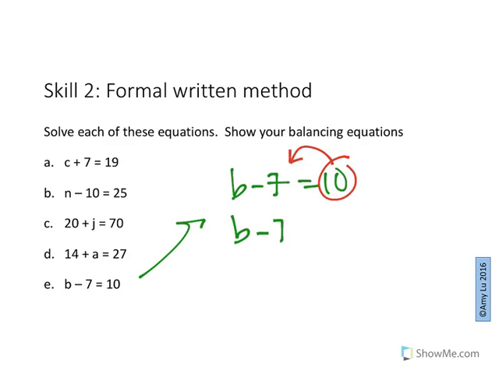I have a b, I have a minus 7, and I have a minus 10, and well, the other side has nothing. And in order to keep an equation balanced, we have to have something on both sides. So we have a 0. That's all we can do. There's nothing there. So we want to make sure that goal number 1 is we isolate the variable. And then we move everything away from the variable if we can.